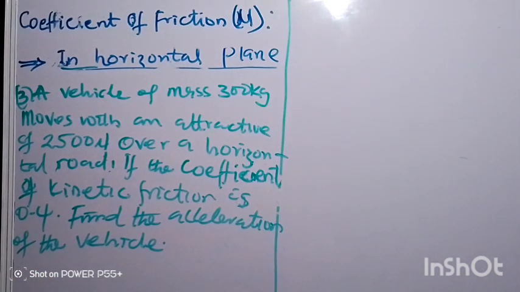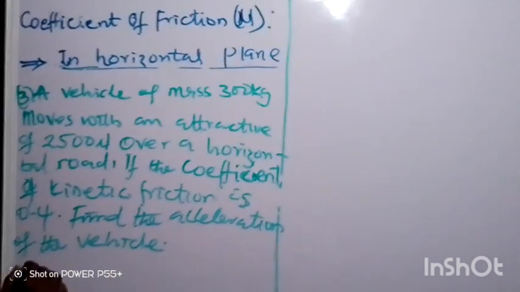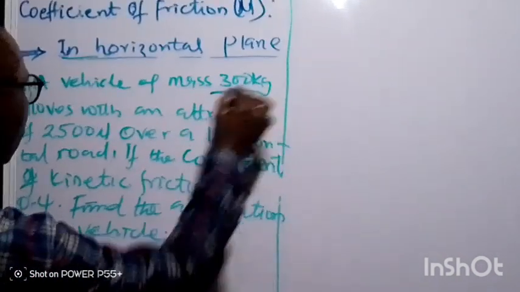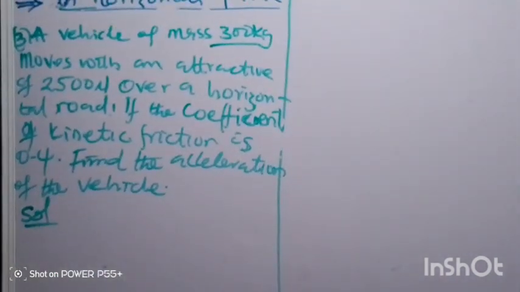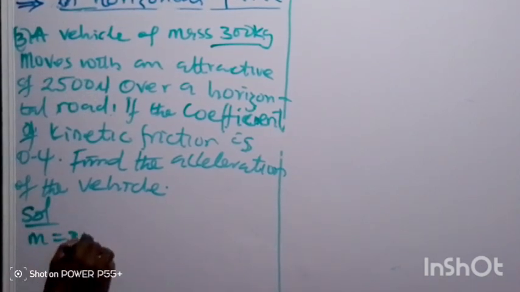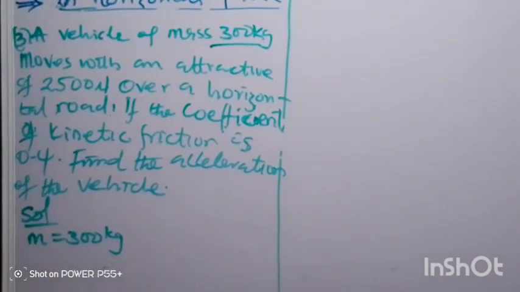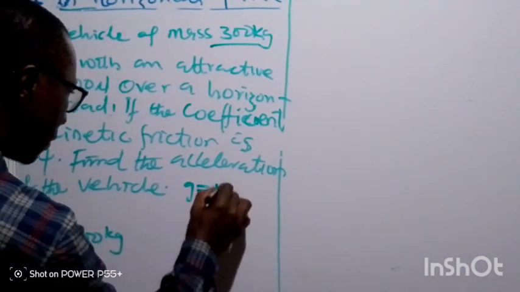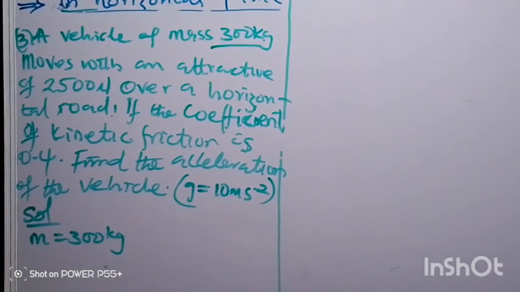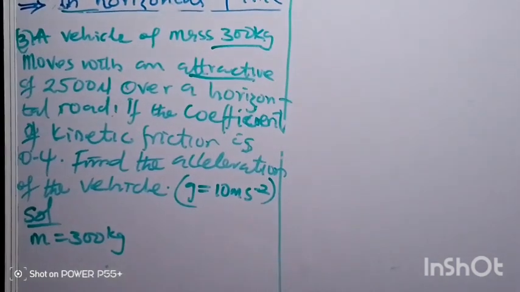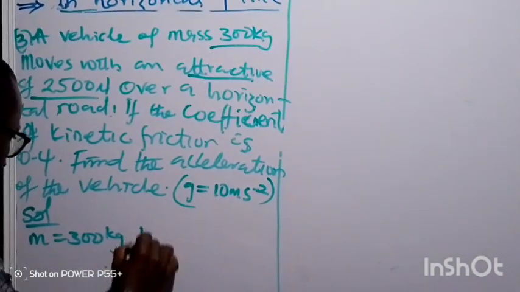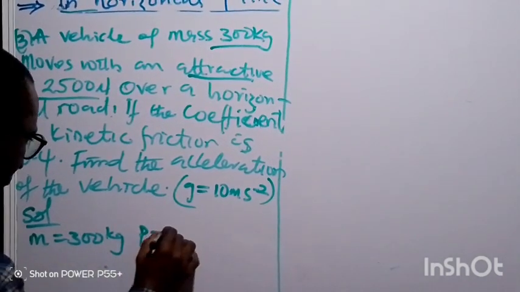Now, from this question let's write out the parameters given. Mass of the vehicle is given, m, 300 kg. Then g is equal to 10 meters per second squared. Then the attractive force, that's the applied force, let's call it P, is equal to 2,500 Newton.